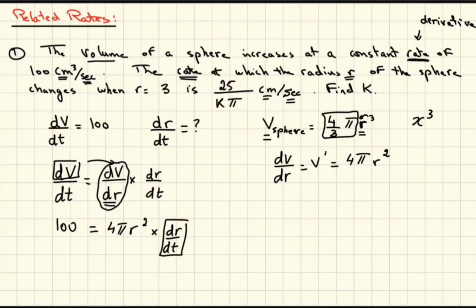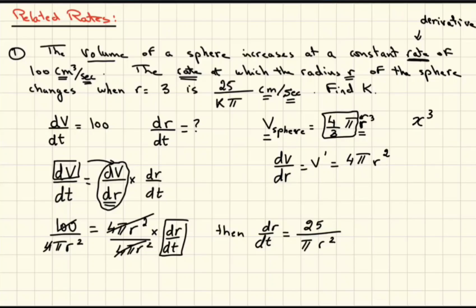Because it's multiplication, to remove 4 pi r squared, you divide here by 4 pi r squared and there by 4 pi r squared. This and this will cancel, and we get dr over dt equals, if you want to simplify here, divide by 4 will be 1, divide by 4 will be 25, so 25 over pi r squared.